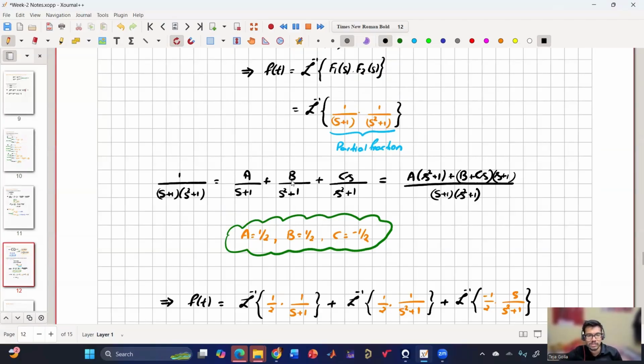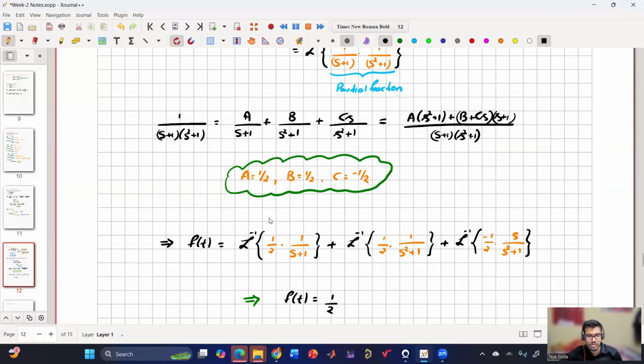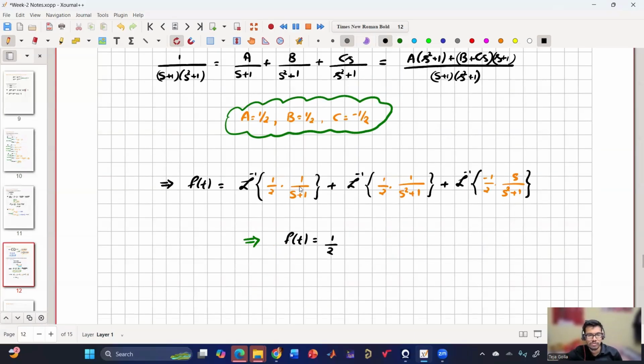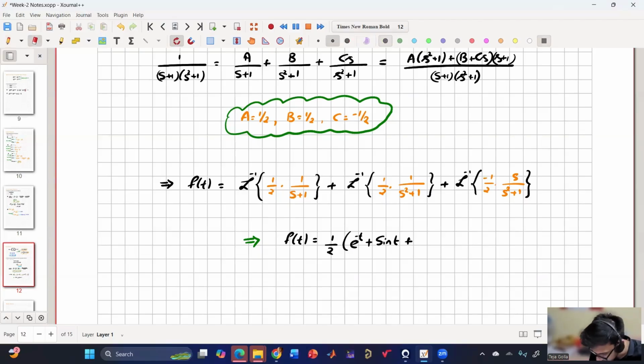So now the Laplace inverse of a summation can be the individual summation of Laplace inverses: Laplace inverse of this expression plus this expression plus this expression. So can you tell me what will be the final expression? E to the power minus t, very good, plus sin t, very good, plus minus cos t. Yes, it is minus because there is a minus sign, minus cos t. So this is my f of t.